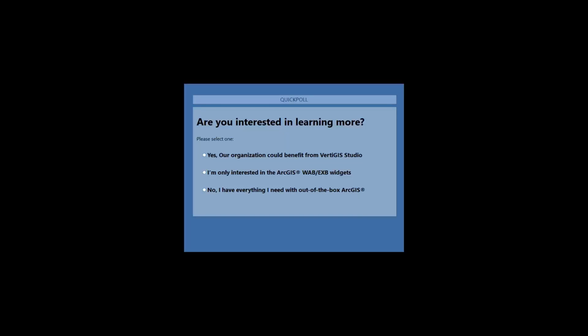That's great. So how customizable is that layer list? The layer list in VertiGIS Studio Web. So it primarily just references your web map from ArcGIS Online or ArcGIS Enterprise.